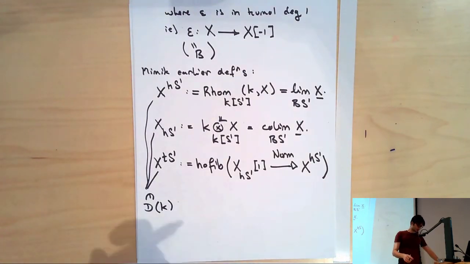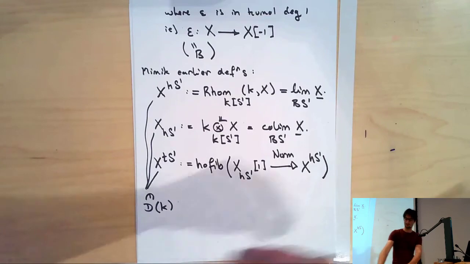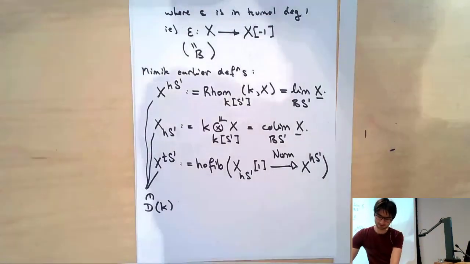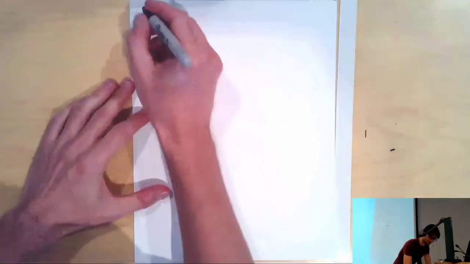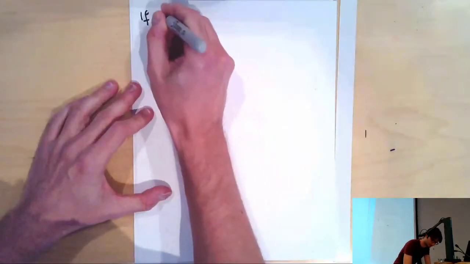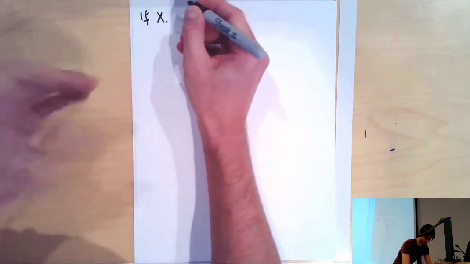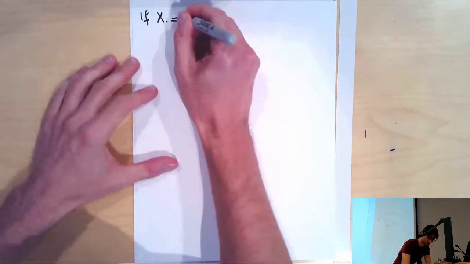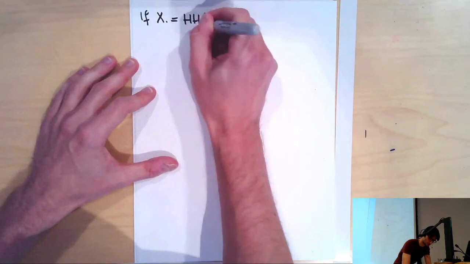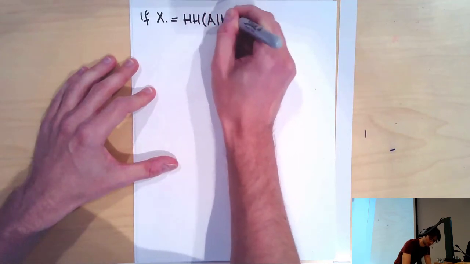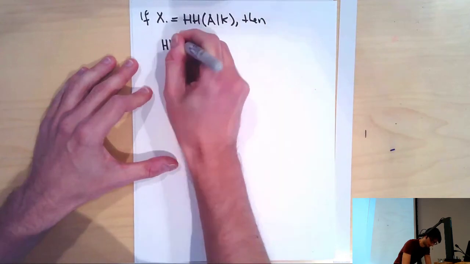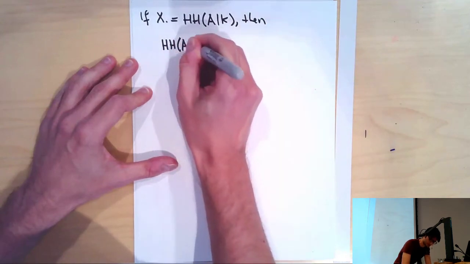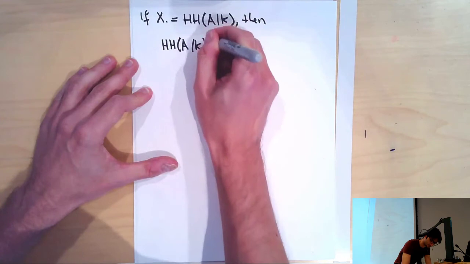And these, in fact, are things that we've already seen. That's the key point. Let's have a new piece of paper for it. So if this cyclic object that we started with was the Hochschild homology of some algebra over K, well, that gives me a particular setup in which I can apply this formalism.